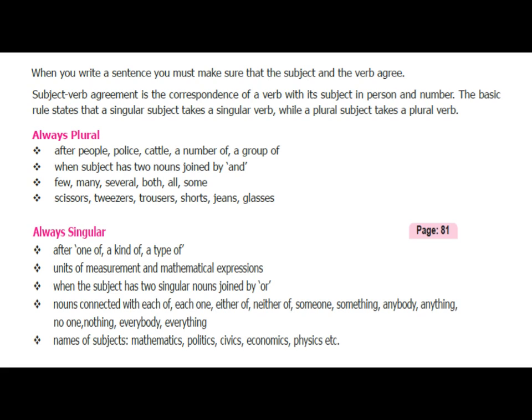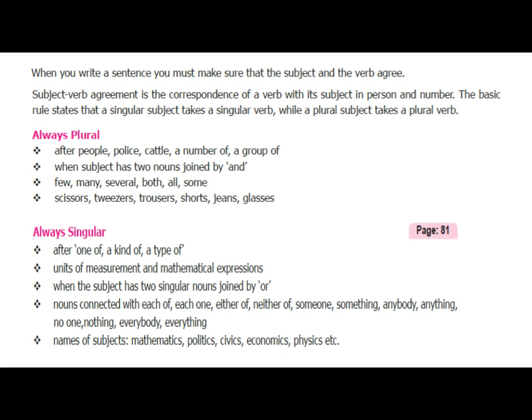Always plural, we are using after people, police, cattle, a number of, a group of. Always plural when the subject has two nouns joined by and, for example, Meena and her friends.